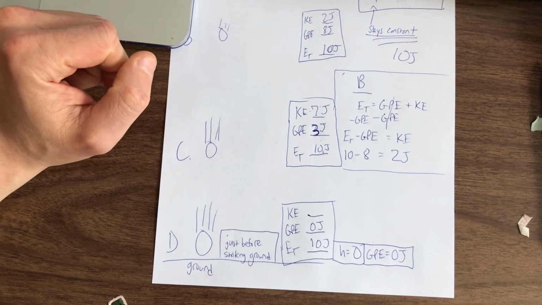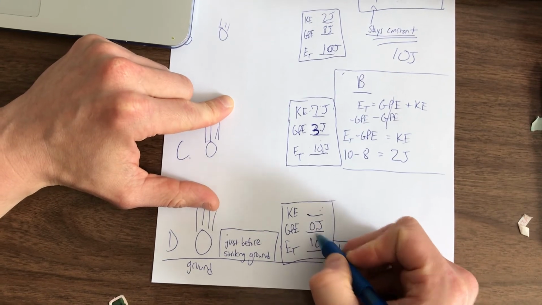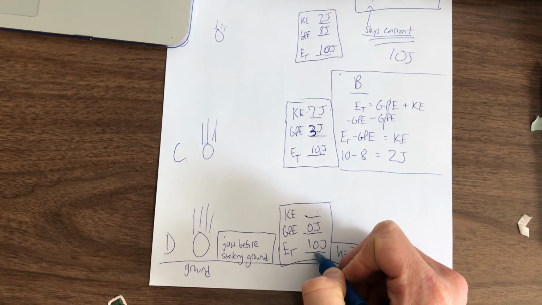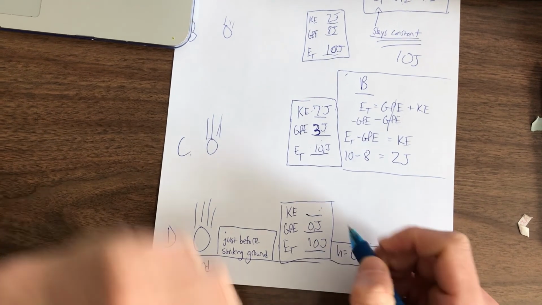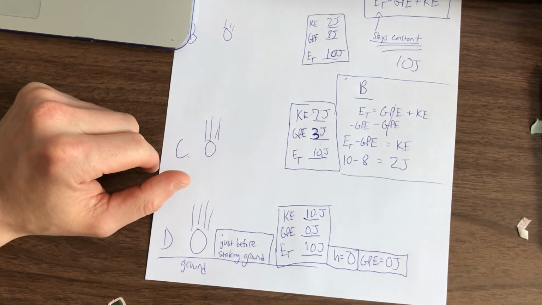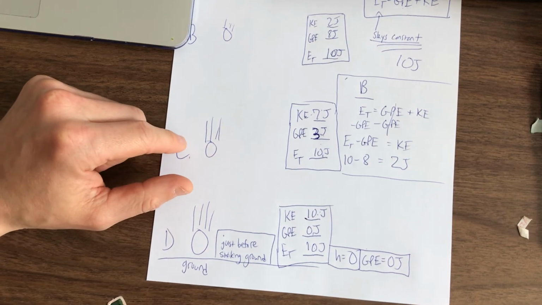All right? So then we're going to play that game again to get KE. We're going to say, what plus 0 gets me 10? 10 plus 0 gets me 10. Or in other words, 10 minus 0 gets you the kinetic energy.